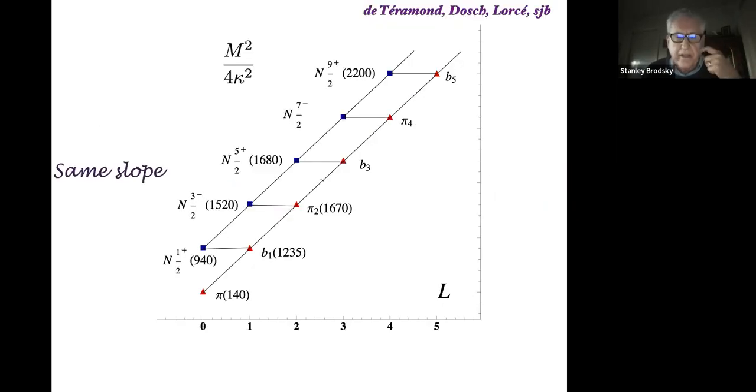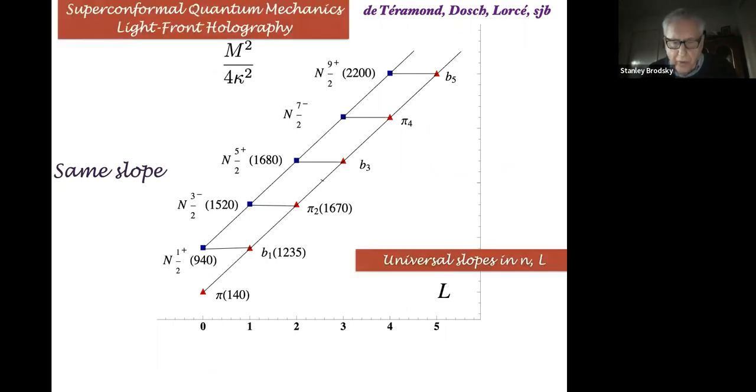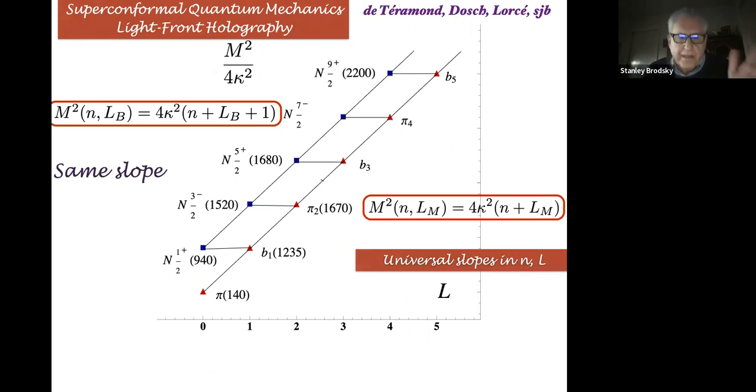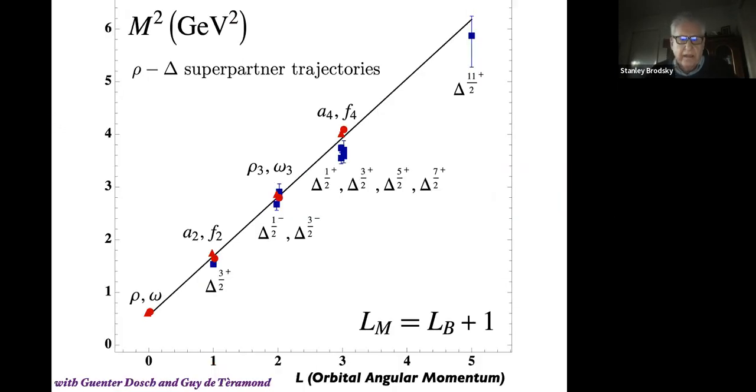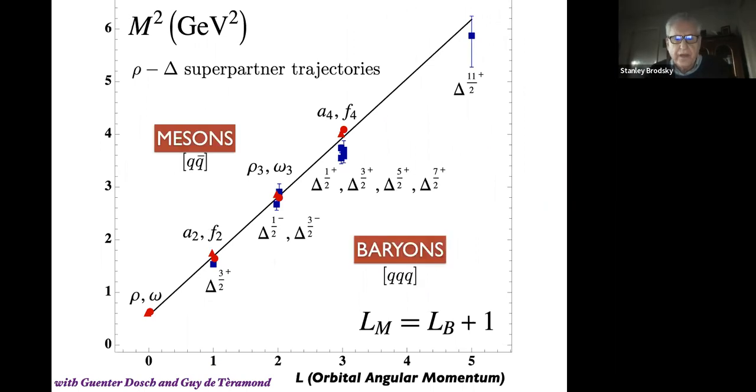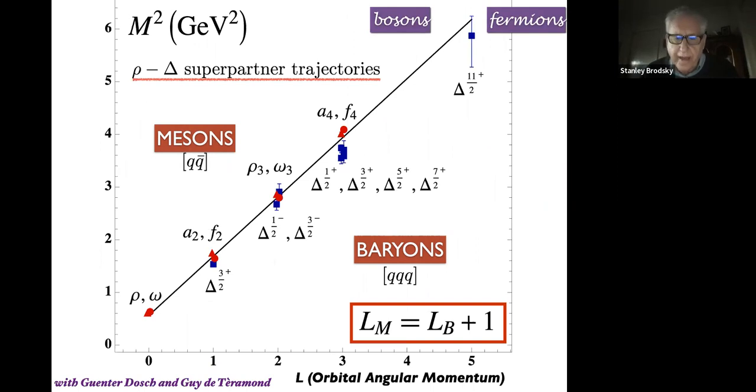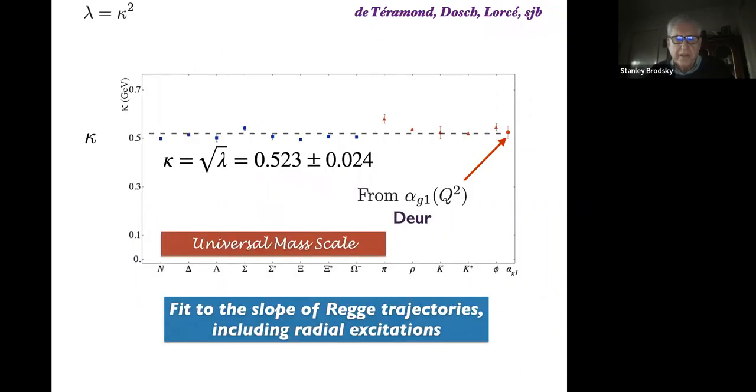You also see this duality between the slopes of the pion trajectory and the nucleon trajectories, with basically the same formulas in terms of kappa squared and L. And you have this degeneracy I showed in the beginning between the rho trajectory and the delta trajectory, which is mesons and baryons, because the baryons are really quark-diquark, and they have the same color 3-bar interactions as mesons. Also, when you measure the slopes of Regge trajectories, they're universal. Here are all these different Regge trajectories. They all come out the same.